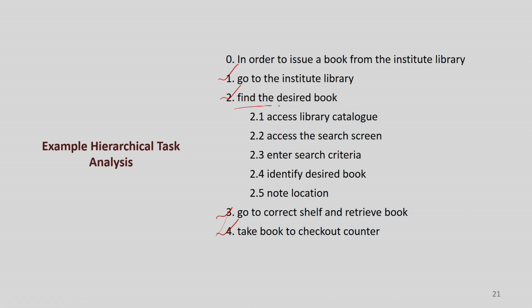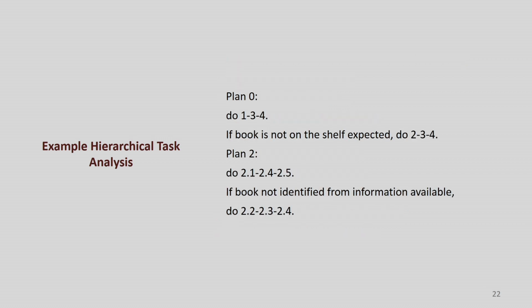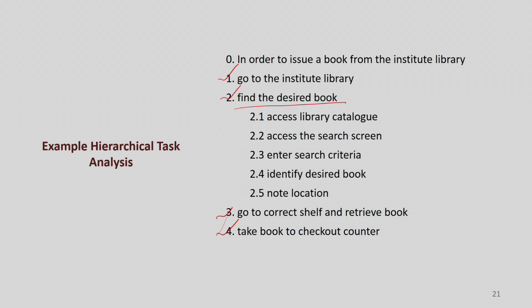Now, to find the desired book, there can be different issues, which I will explain in my next slide. If the book is not on the shelf as expected, what will I do?